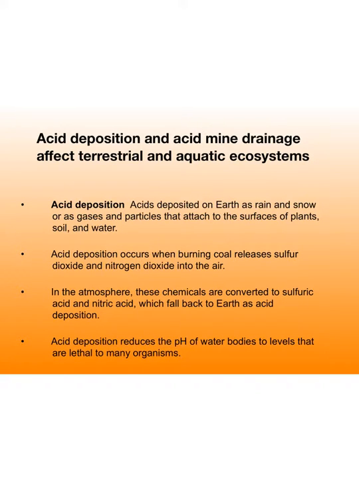Okay, acid deposition. Let's talk a little about acid rain. Acid deposition is rain and snow, or gases and particles that attach to the surface of plants, soil, or water. So this is like direct deposition, right? If it's going onto plants and soil, but most of the time it makes it into the water and has some effects through the hydrologic cycle. So you always have to remember weather, right?